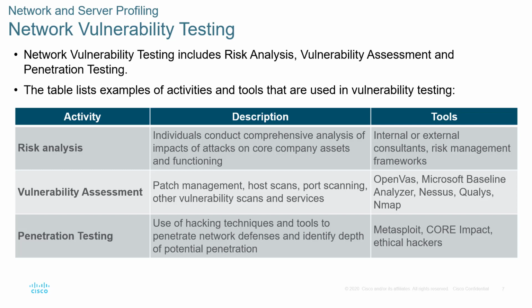For our vulnerability assessment, you're going to use tools like Nessus or the Microsoft Baseline Analyzer. You could use OpenVAS. OpenVAS is probably the cheapest of the options, but it's probably the hardest to set up. But again, all of these are looking for vulnerabilities in configuration as well as host profiles.